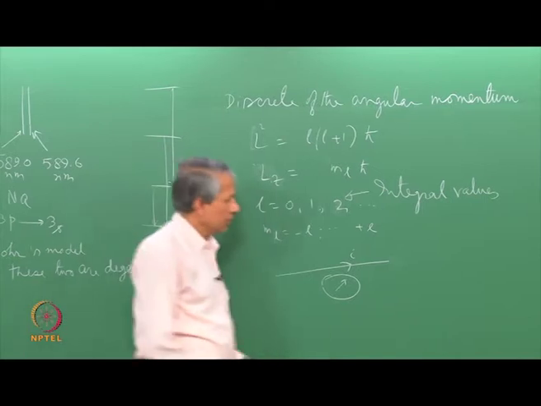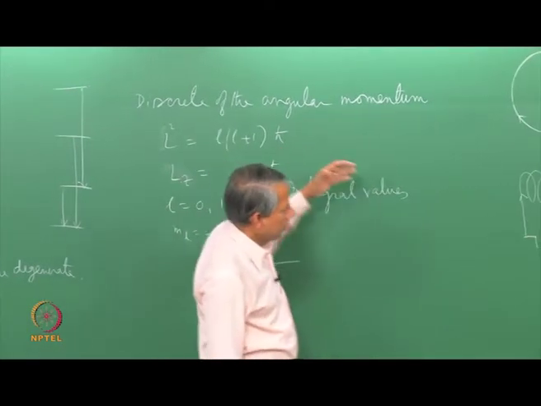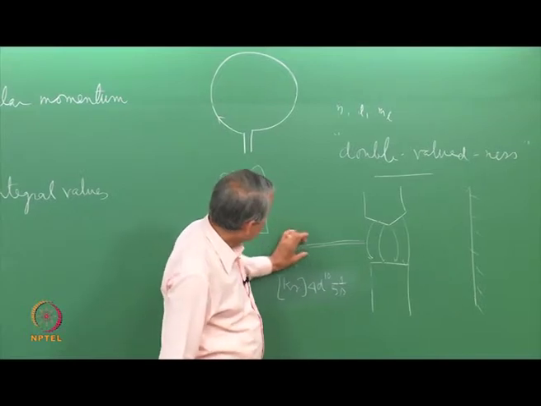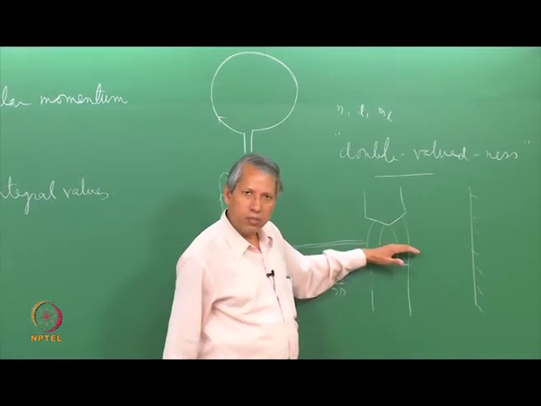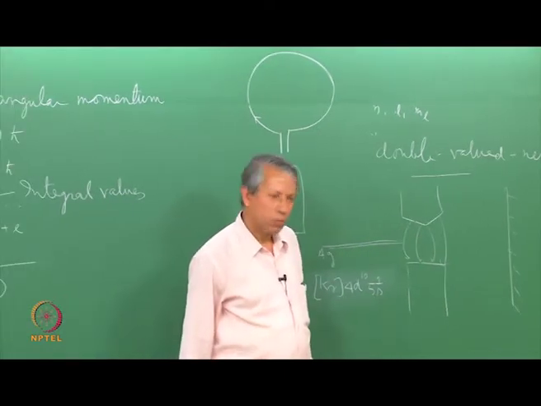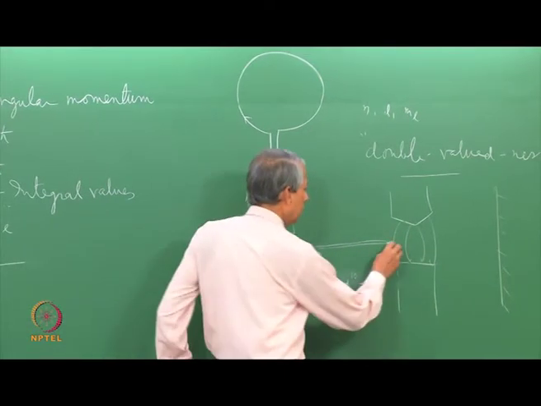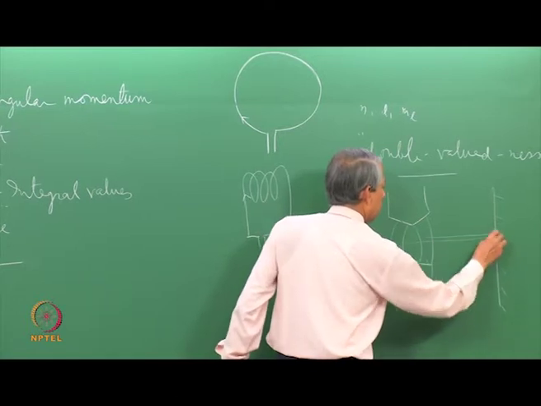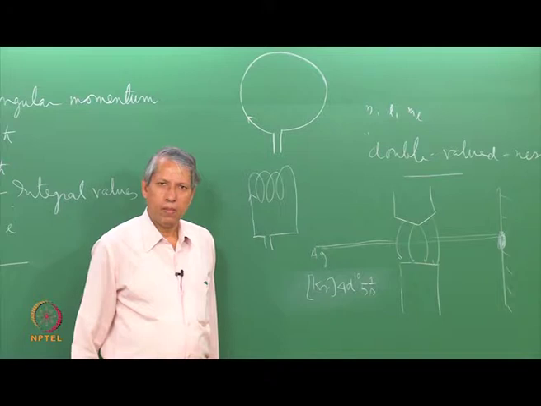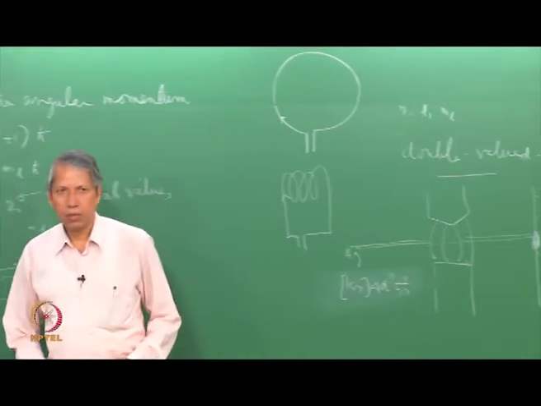So, what is expected is that since it has no angular momentum, it will also not have any magnetic moment. So, these atoms are allowed to go through this inhomogeneous magnetic field, they will not experience any particular force. So, what is expected is they will fall here and probably form some sort of lump here. That was the expectation. And let us see what they observed.